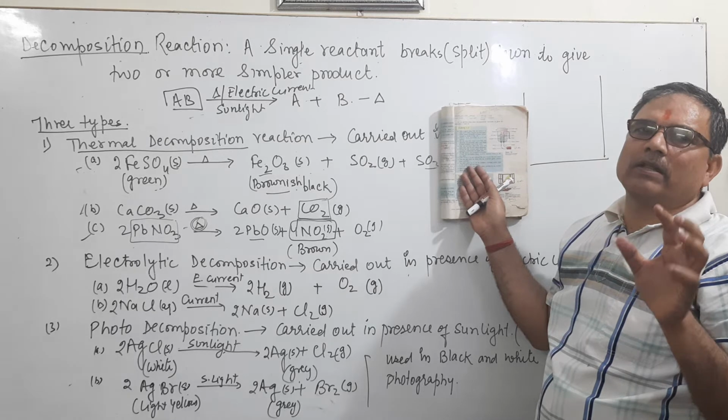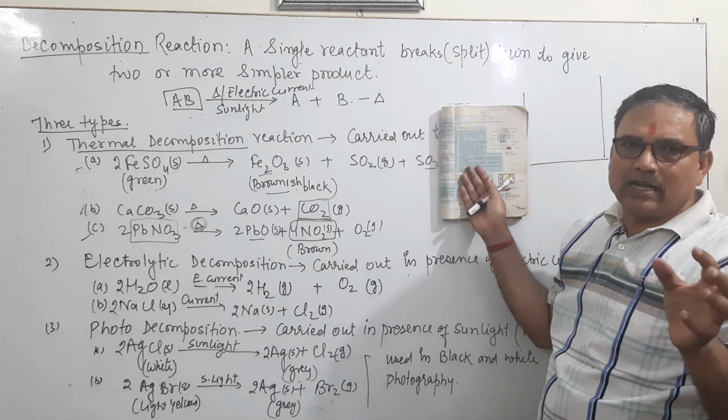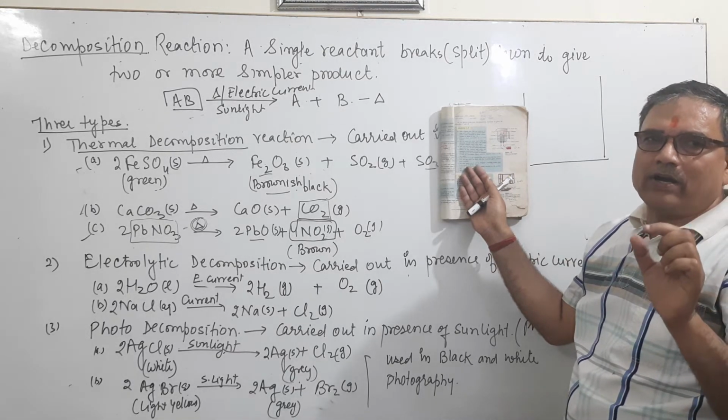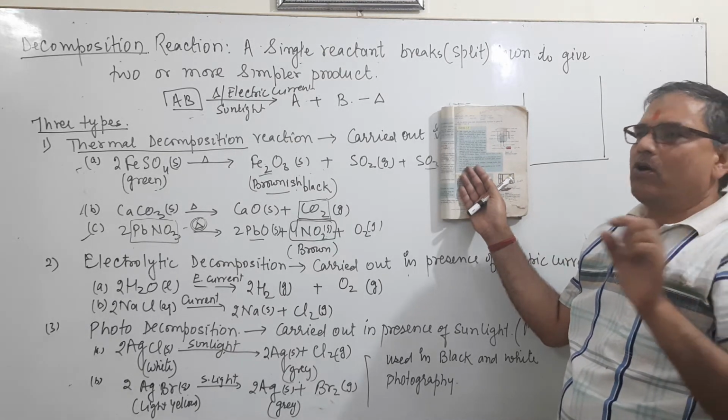Hydrogen is collected double that of oxygen. Why is the volume of hydrogen double the volume of oxygen?